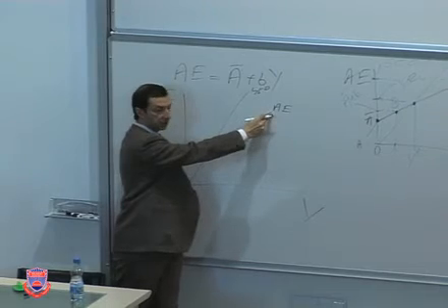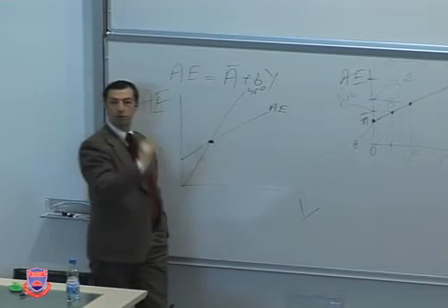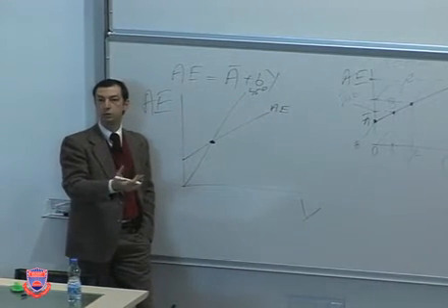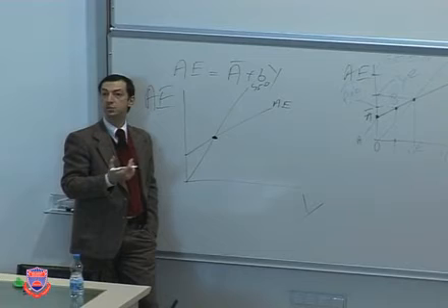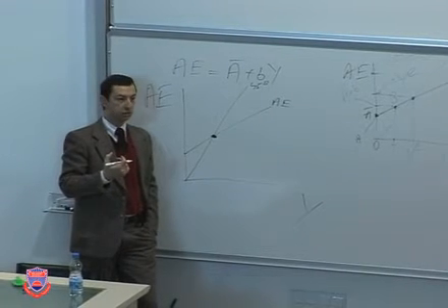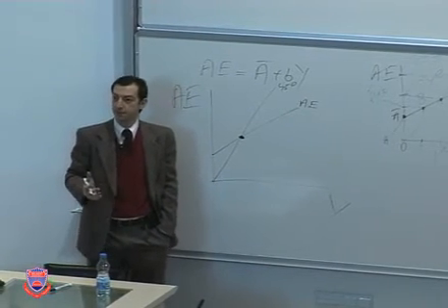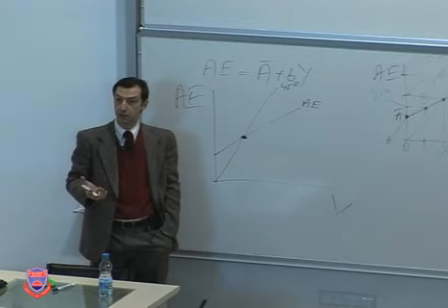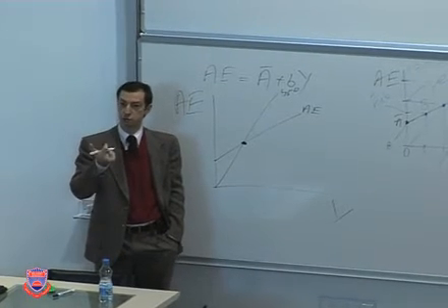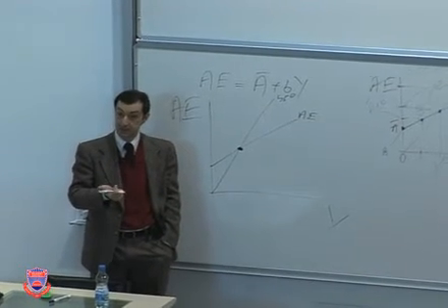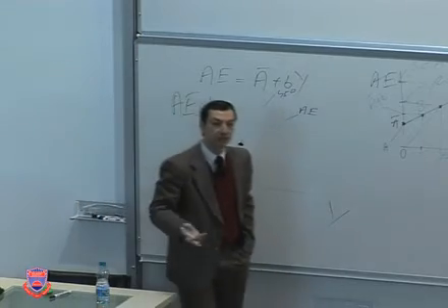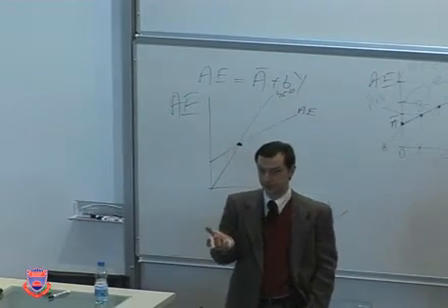If you were at a point like this, you're producing a boatload, but people don't want to buy that much. They don't want to spend that much. Now you're just producing them, putting them aside, producing them, putting them aside. Are you happy? No. Do you have an incentive to change your behavior? Yes. Now you have an involuntary increase in inventories, okay?